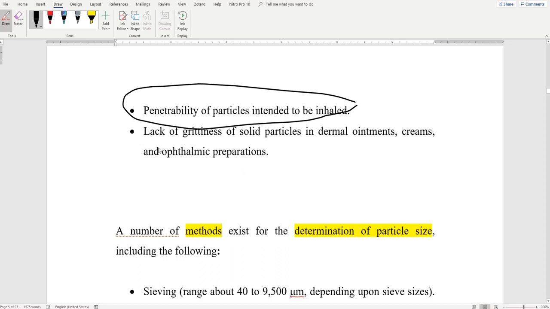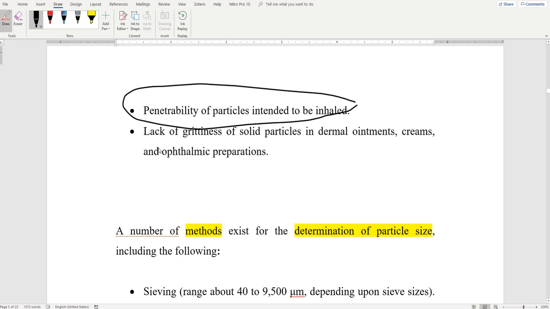Another reason why we need to control the size, for example, is when you are using a dusting powder, the powder that you apply to your body, the dusting powder that you apply to your skin. Now it has to be very small, otherwise you will feel grittiness.